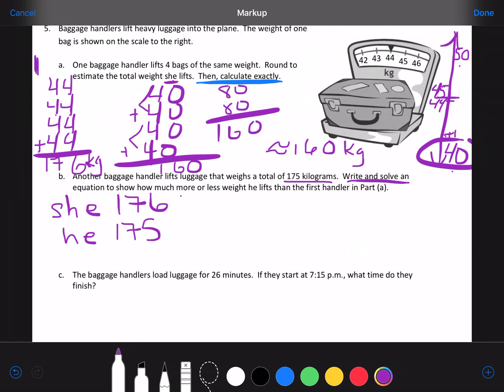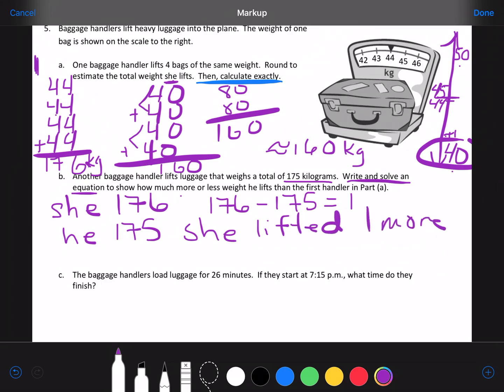But it says I have to write and solve an equation. So I'm going to go 176 minus 175 equals 1, right? And so I'm going to say she lifted 1 more kilogram than he did. There you go.